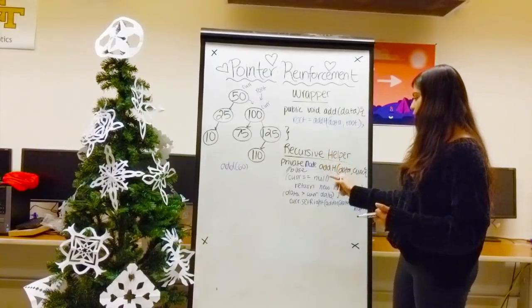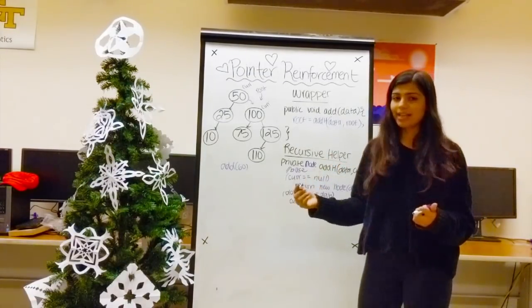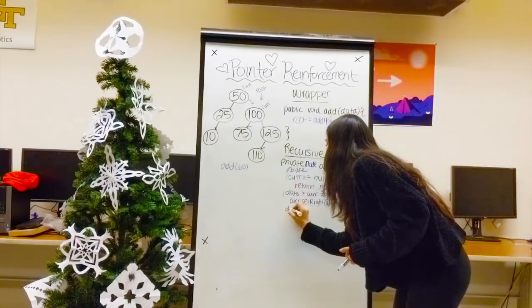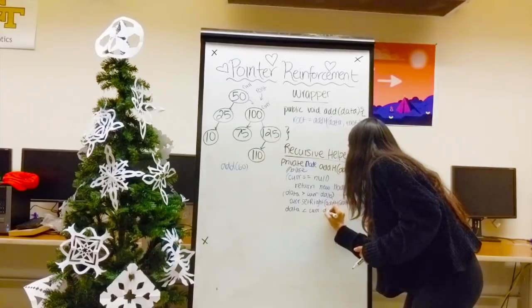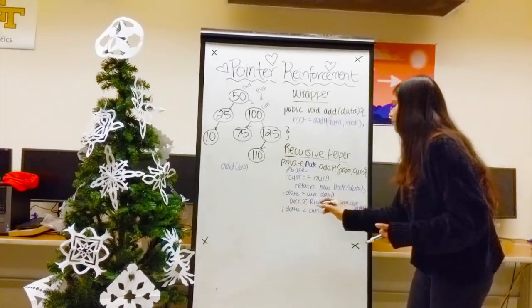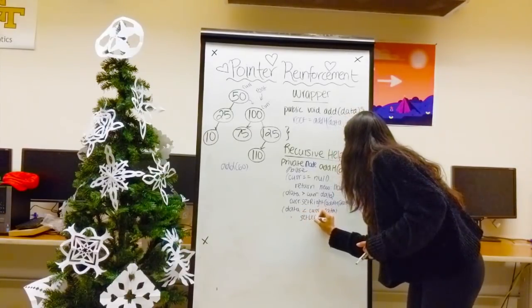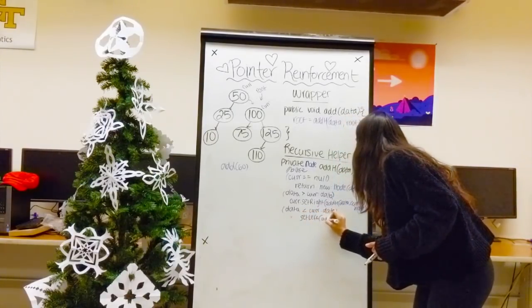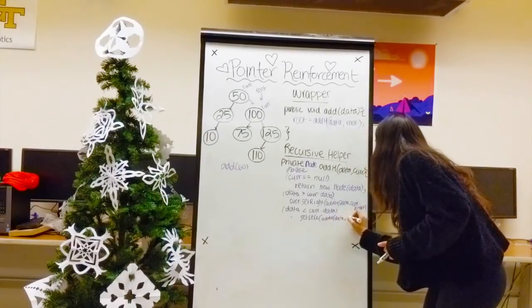Same thing, it's going to see current is not null, and check, okay, in this case the data is actually less than the current's data. And so we'd do something similar to what we did here, except that we'd set left. So set left, and we'd call the add helper on the left child of cur.